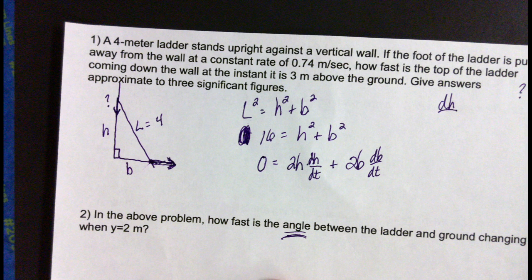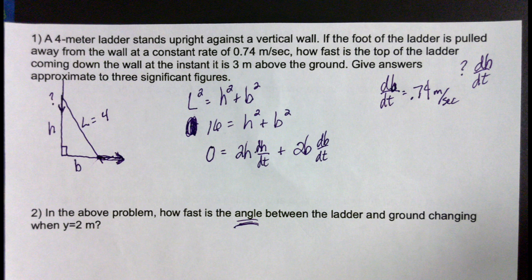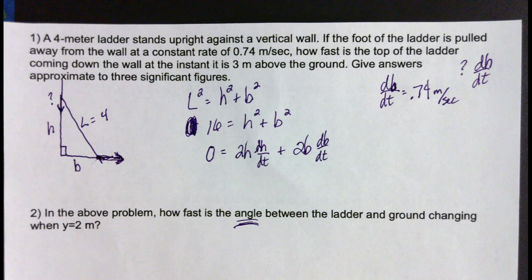Square root of 7. 16 minus 9, yes, square root of 7. So when L equals 4 and H equals 3, then B will equal square root of 7. Pythagorean theorem. So actually, I can just start plugging in.